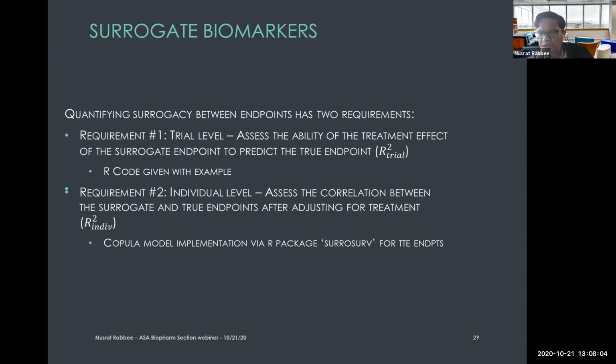It's not going to all lie on your 45-degree line. But I go into how this R squared, if it's less than 0.33, is considered weak evidence; between 0.33 and 0.67 is moderate, and above 0.67 is strong. And for the R squared individual, Kendall's tau is used. 0.61, for example, is considered strong.